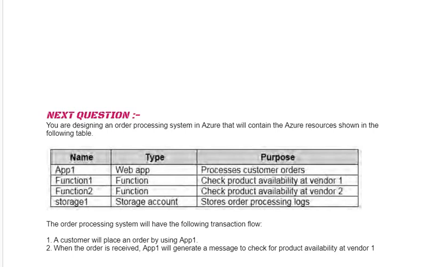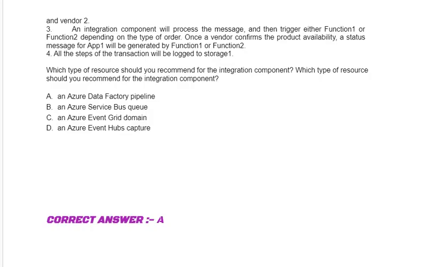First, a customer will place an order by using App 1. Second, when the order is received, App 1 will generate a message to check for product availability at Vendor 1 and Vendor 2. Third, an integration component will process the message and then trigger either Function 1 or Function 2 depending on the type of order.